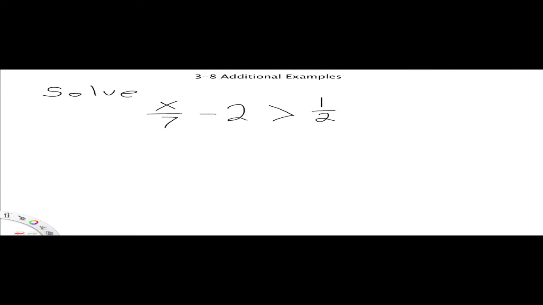So let's see. 14 times x over 7 minus 14 times 2 is greater than 1/2 times 14.